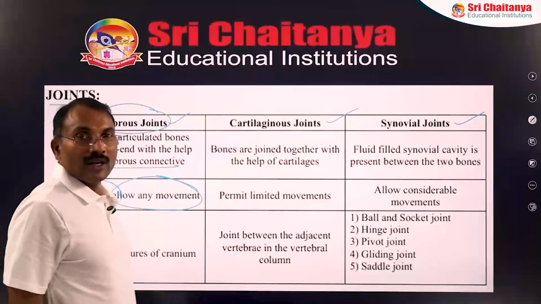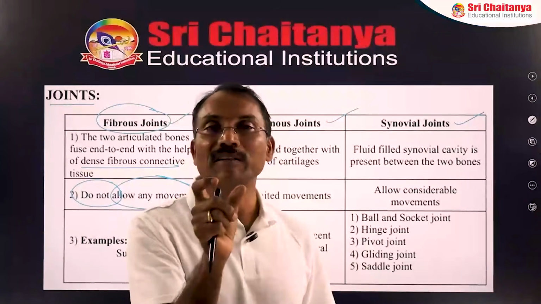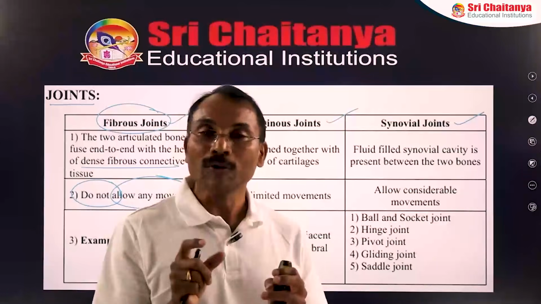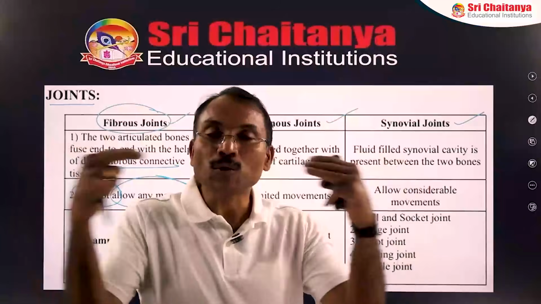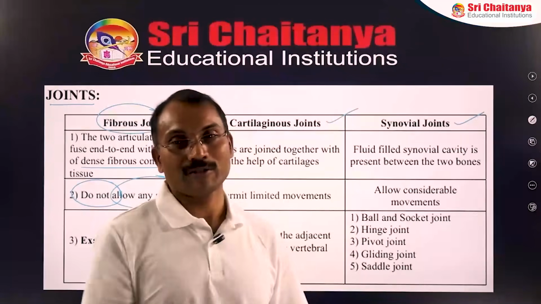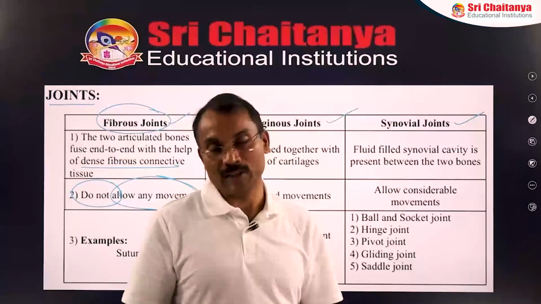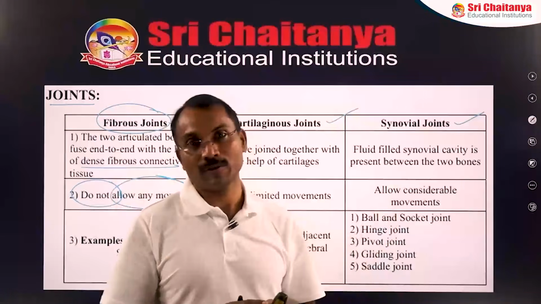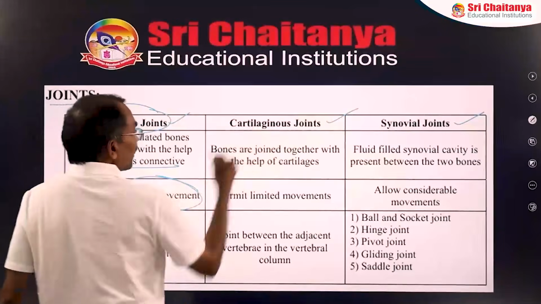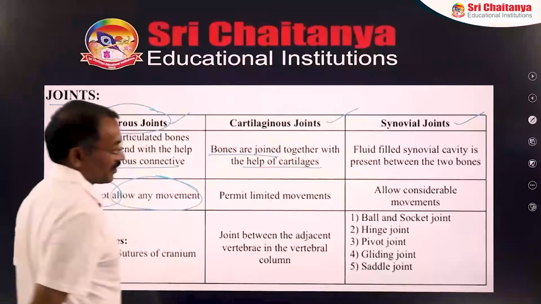Cartilaginous joints. Between 2 articulated bones, the space is filled with cartilage. So the cartilage is there between the 2 articulated bones, hence the name cartilaginous joint. These cartilaginous joints allow only limited movement, not free movement. Bones are joined together with the help of cartilages.